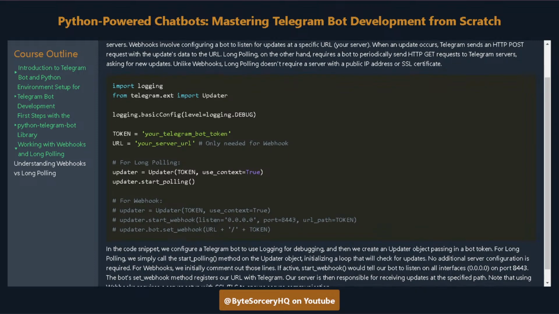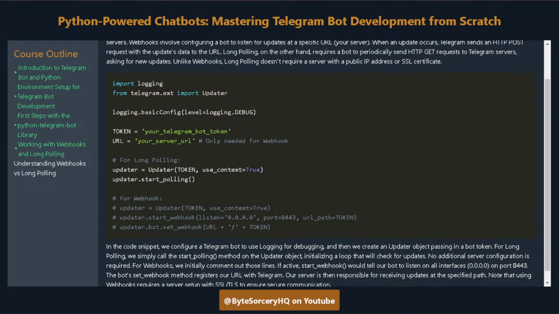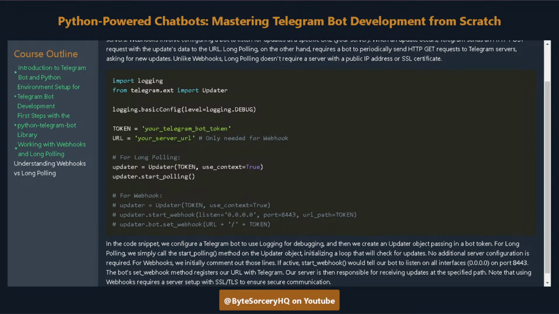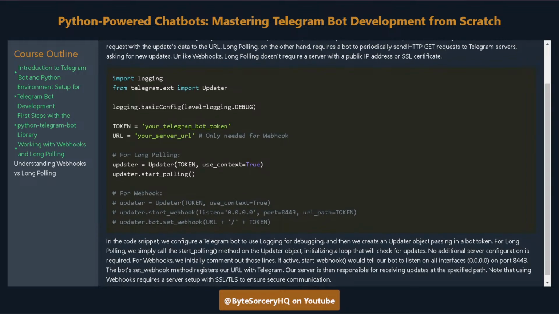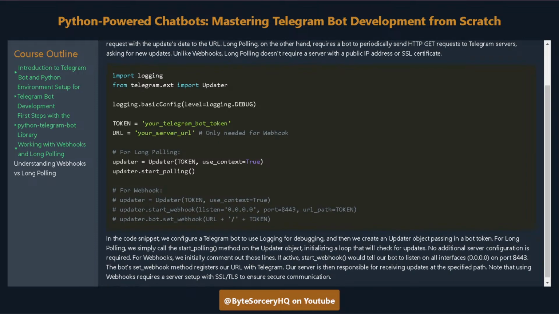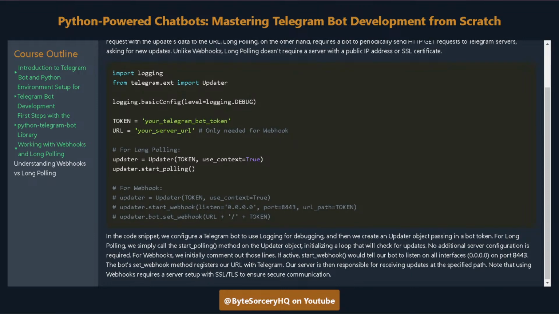If active, start_webhook would tell our bot to listen on all interfaces, 0.0.0.0, on port 8443. The bot's set_webhook method registers our URL with Telegram. Our server is then responsible for receiving updates at the specified path. Note that using webhooks requires a server setup with SSL/TLS to ensure secure communication.